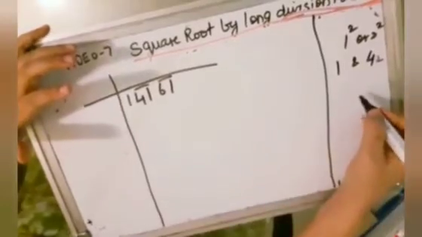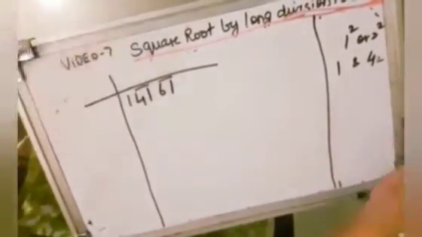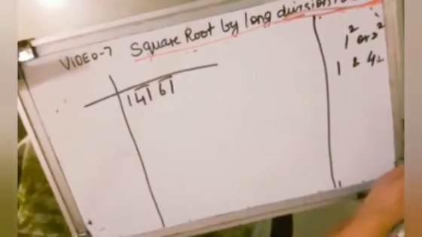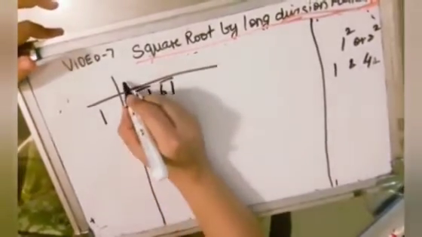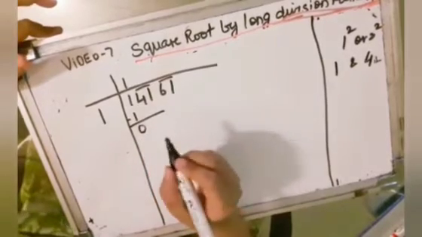So we will take 1. And remember, you have to take squares only. Only squares of numbers are taken and no other number would be taken. So 1 into 1 will give you 1. So 1 minus 1 gives you 0.